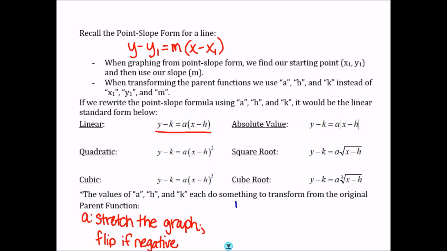H moves the graph horizontally, and k moves the graph vertically.